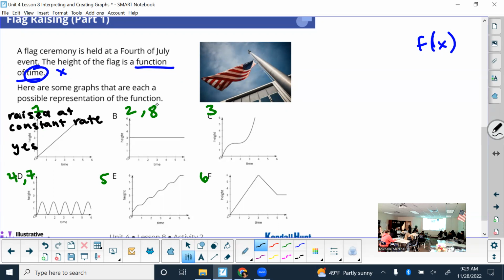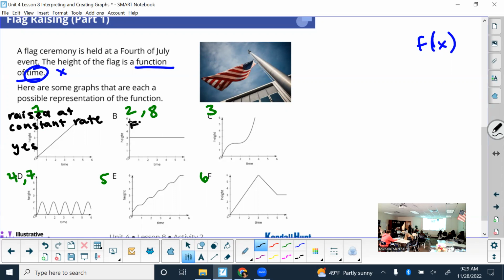Well, the graph is moving, but the flag, so would it be raised at all? How about table 8? Because table 8 has this too. Table 8, would graph B be raised at all? Like the flag, I mean.